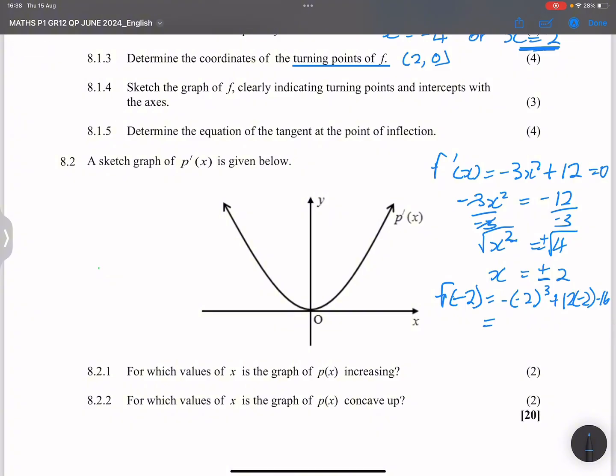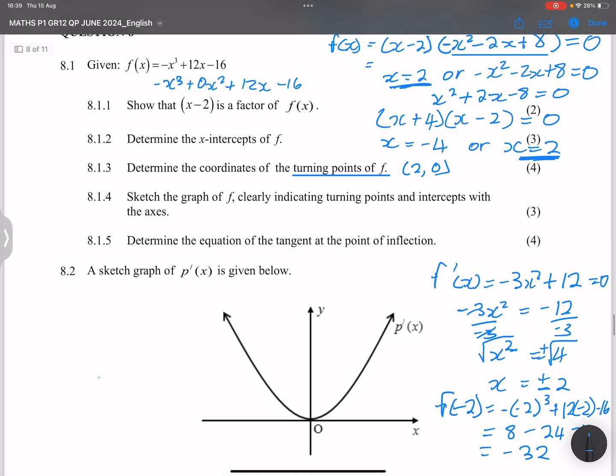So that would give us negative 8, that's positive 8, minus 24, 12 times 2, that's minus 16. And you can see that would be minus 40 plus 8, which would give us negative 32.